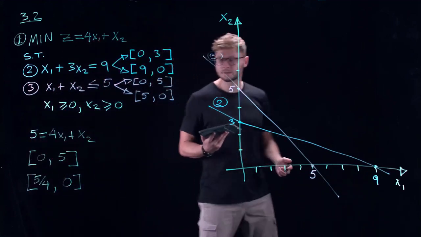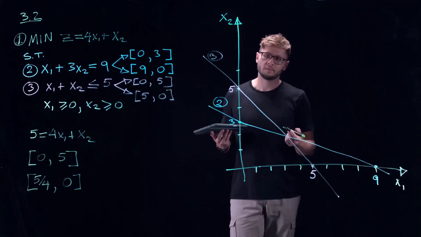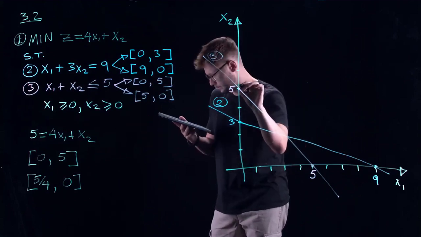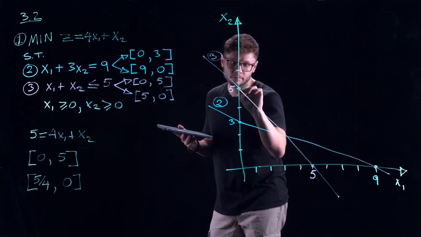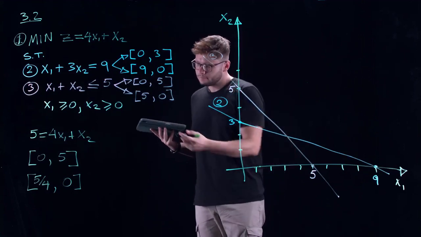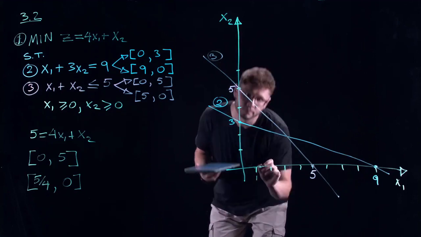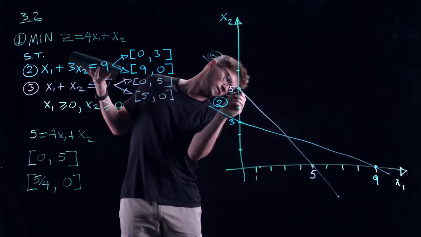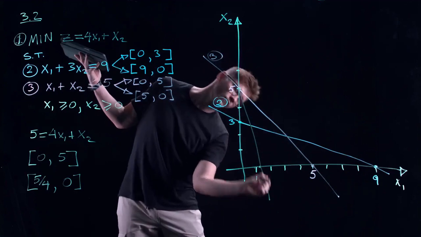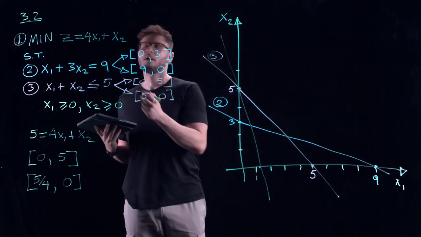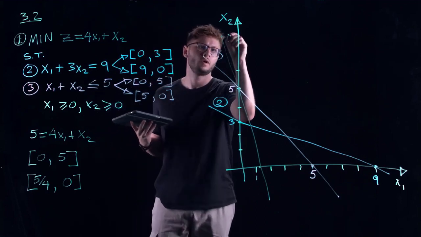So now that we have these points, we can draw them onto the graph. So for 0 and 5, it's going to be over here. And 5 over 4 is going to be just over 1, somewhere over here. And our objective function is indexed at 1.